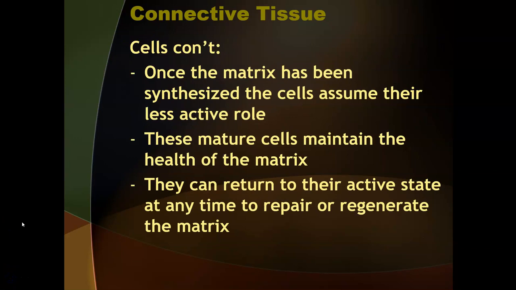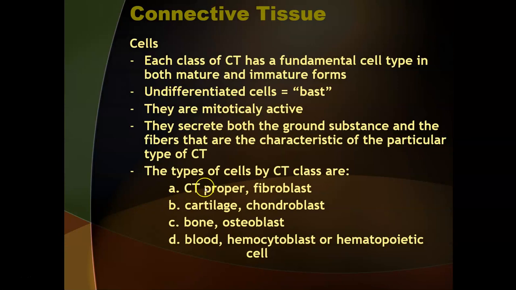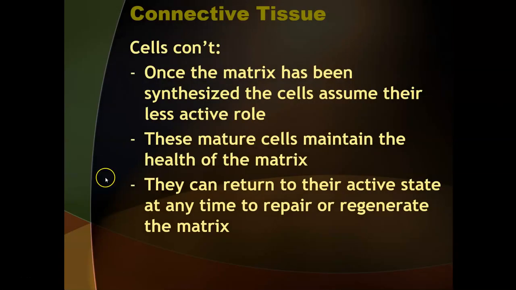Now, once a blast creates what it's creating, whether it's connective tissue proper or cartilage or bone, and the matrix has been synthesized, then the cells resume a less active role, and they are usually called a cyte, meaning a cell. The blast is the immature cell, the cyte is the mature cell, C-Y-T-E, so we might call it a chondrocyte or an osteocyte.